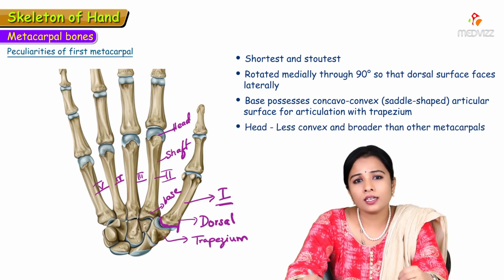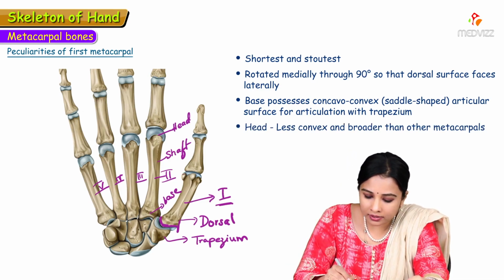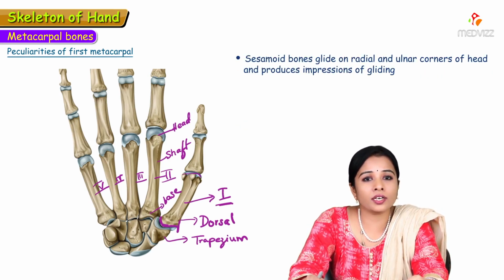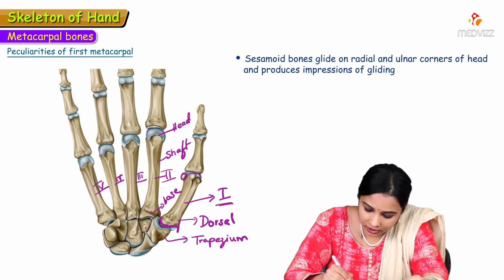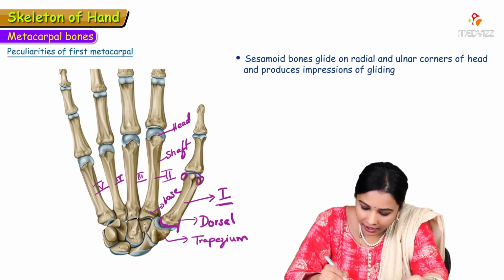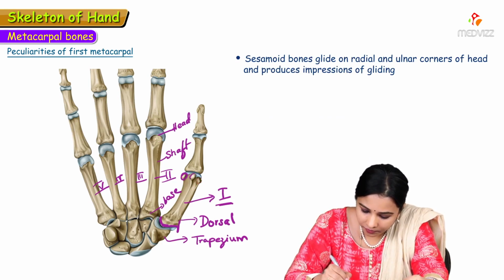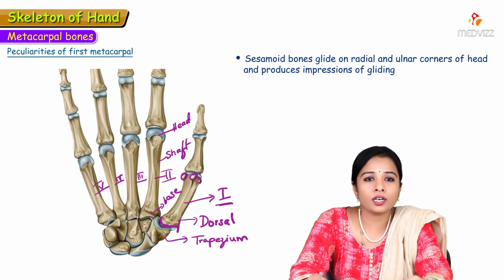The head is less convex and it is broader than the other metacarpals. The sesamoid bones glide on the radial and ulnar corners of the head, so on each side you can see the sesamoid bones, and they produce impressions of gliding.